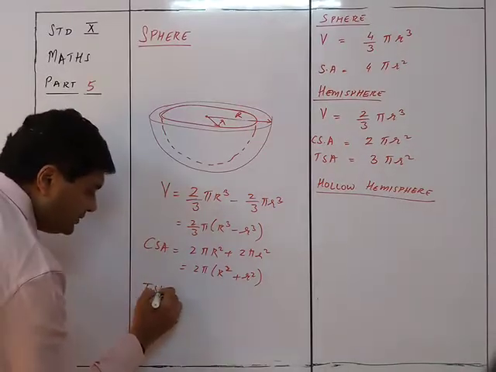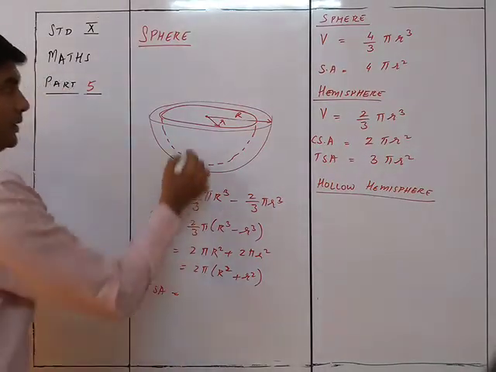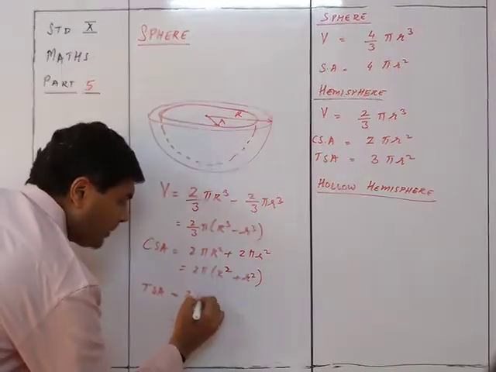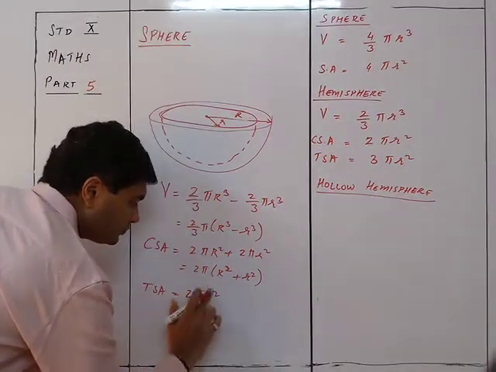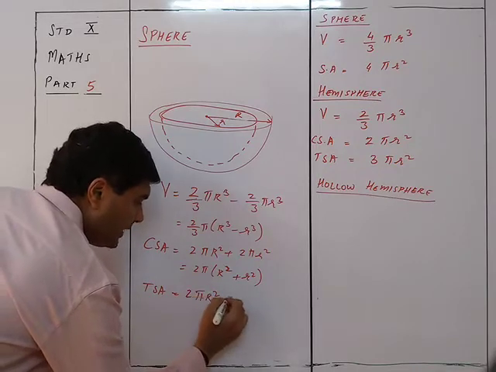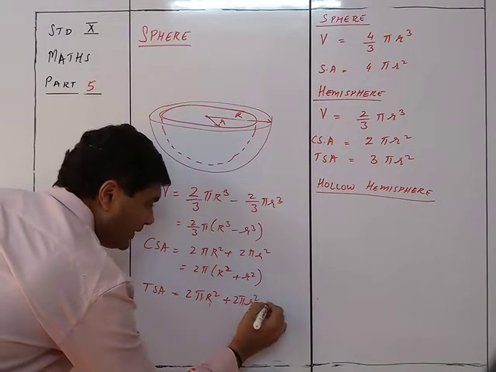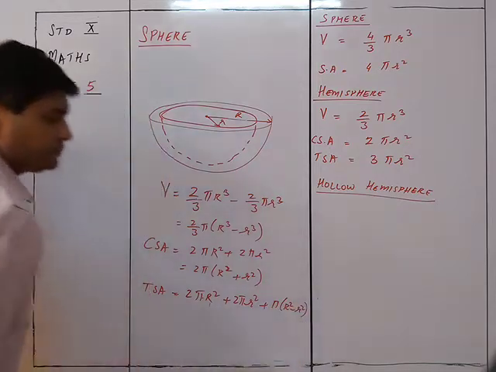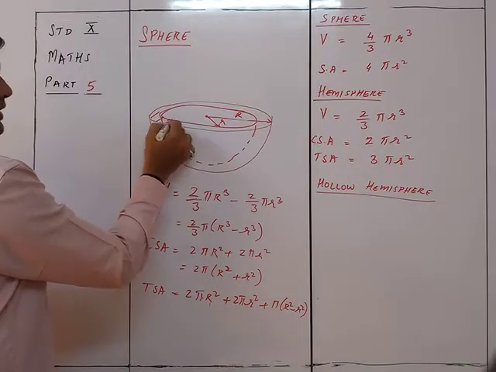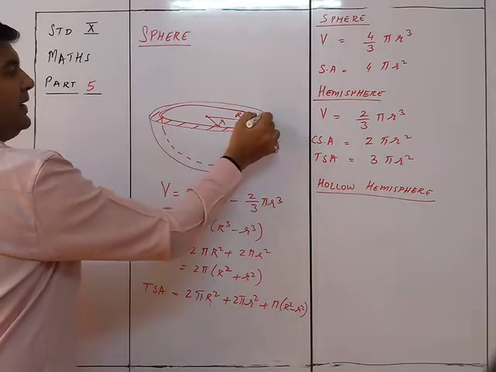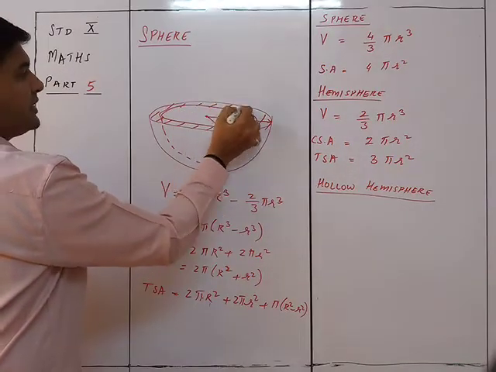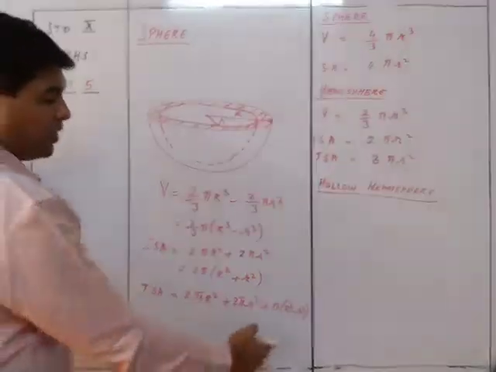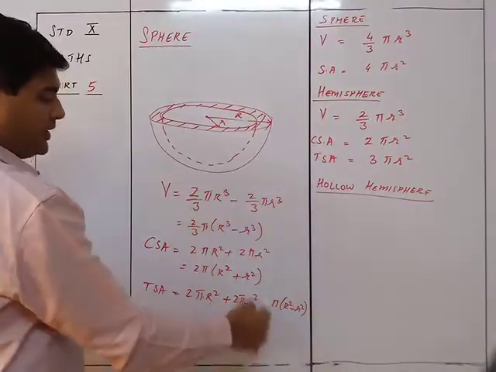Total surface area will be equal to, plus the ring, so this is already there, plus the ring, so it will be 2 pi capital R square plus 2 pi small r square plus pi times R square minus r square. This ring over here is bigger circle minus the smaller circle. Bigger circle is pi R square, smaller circle is minus pi small r square. So accordingly it will be this way.